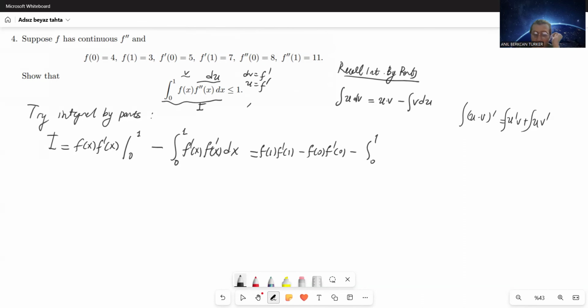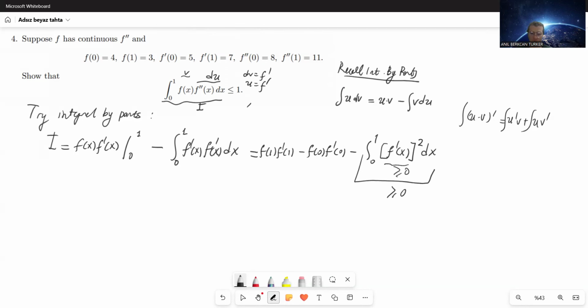So this is just f prime x, considered as a function, squared, dx. If you have an integrable function, which in this case is continuous, so it is integrable, and you calculate the square of some function, it is always positive or equal to 0. So this integral is always bigger than or equal to 0.